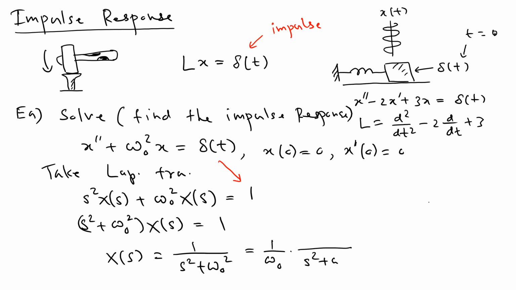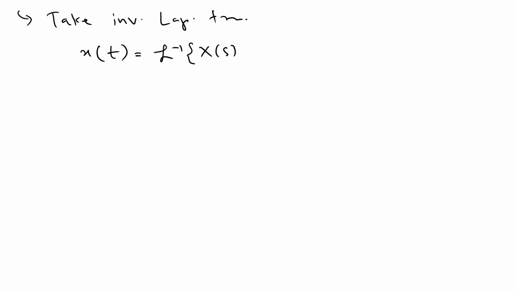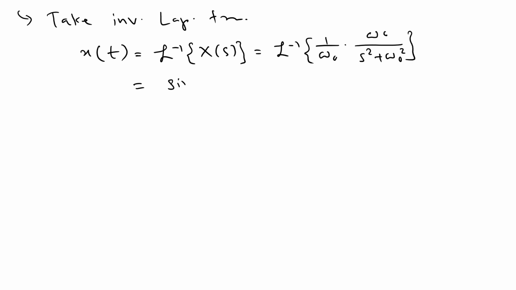So it is 1 over omega naught times omega naught over s squared plus omega naught squared, and it's very easy to find the inverse. The inverse is simply sine. Now let's take the inverse Laplace transform. Once you take it, x of t is simply L inverse of X(s), which is L inverse of 1 over omega naught times omega naught over s squared plus omega naught squared. And this is simply sine omega naught t over omega naught.